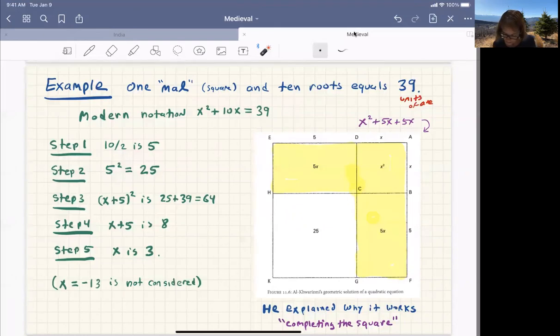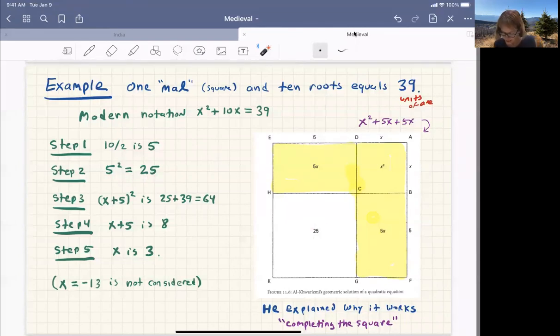So if you look at our picture, this is a square. Here is our x squared. We have the half of the 10, so we had 10 x's, so here's a 5x and here's a 5x. Now square that 5 to get 25.